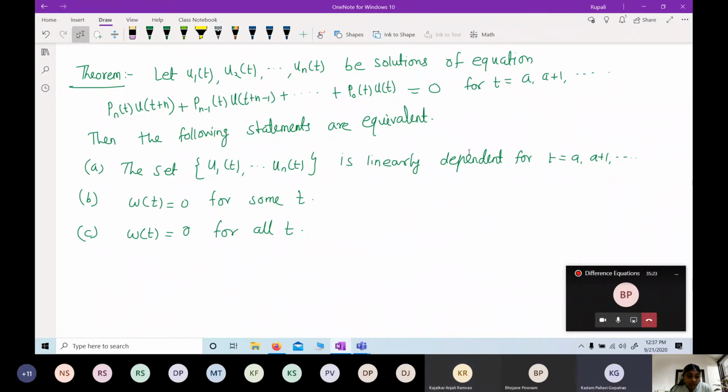Read the statements carefully. Obvious means it follows directly. Either B implies C is obvious or C implies B is obvious.